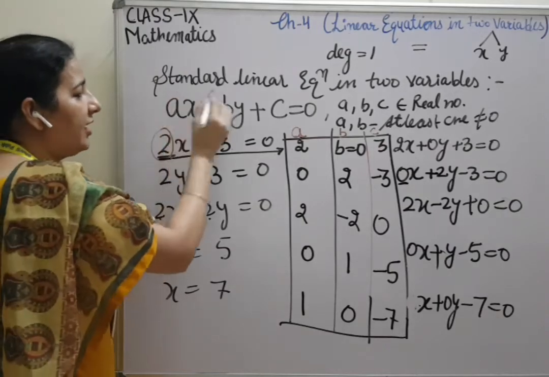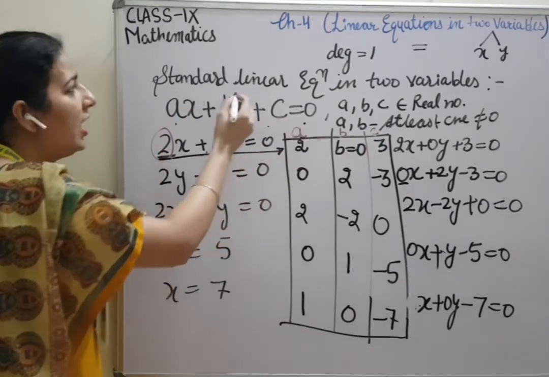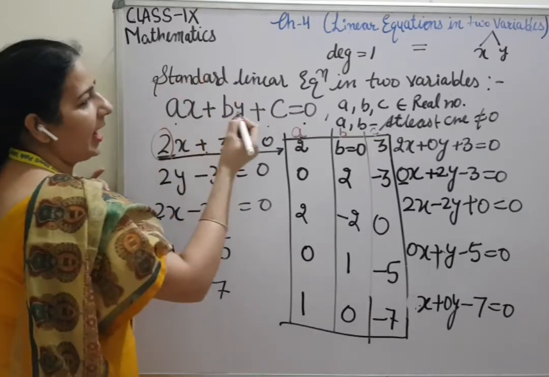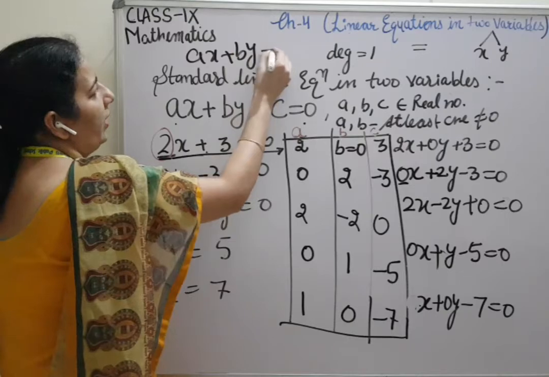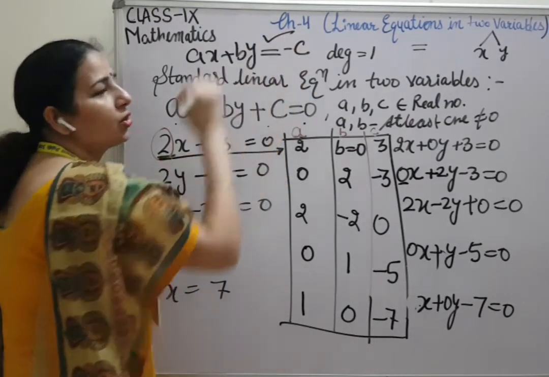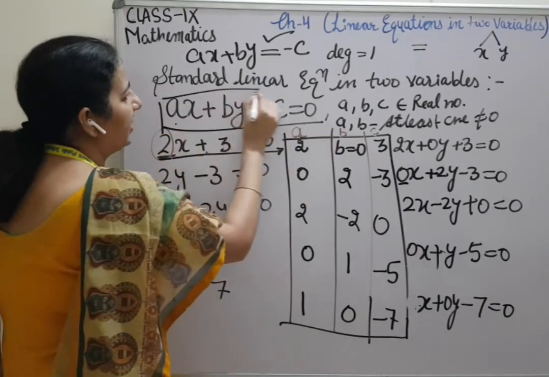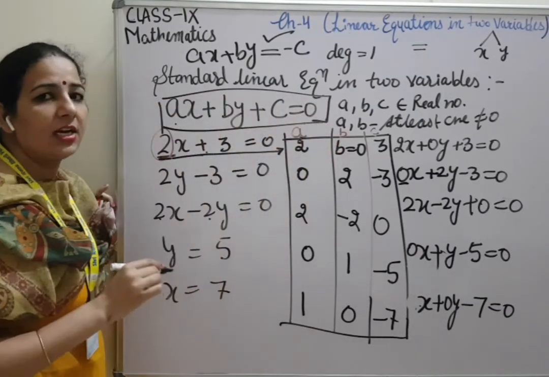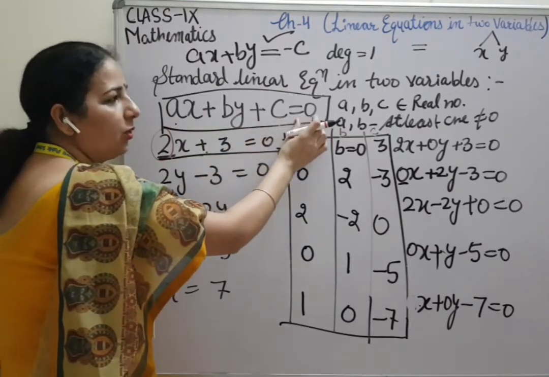And for the standard equation ax plus by plus c equals 0, if you write this equation like ax plus by is equal to c, or it can be minus c, then this one is also correct. But the standard equation is ax plus by plus c is equal to 0.